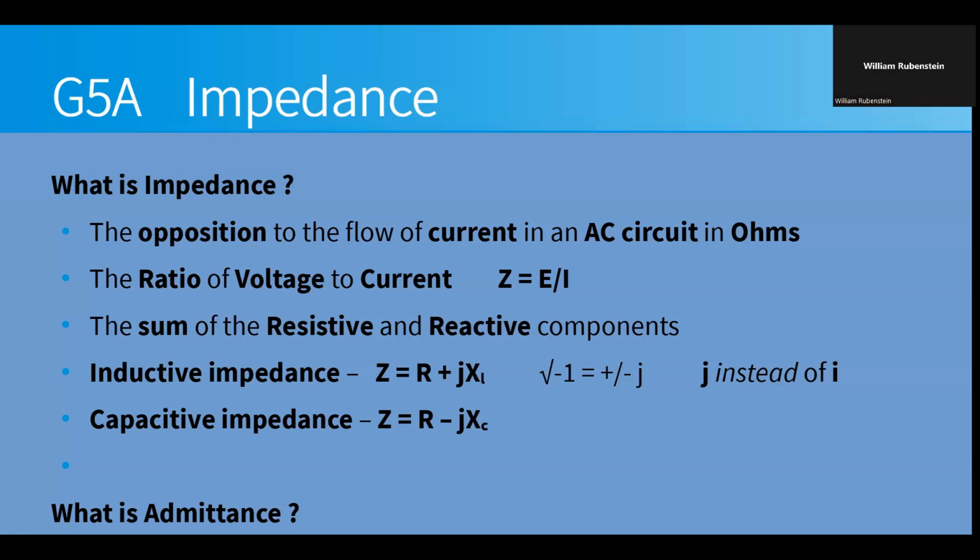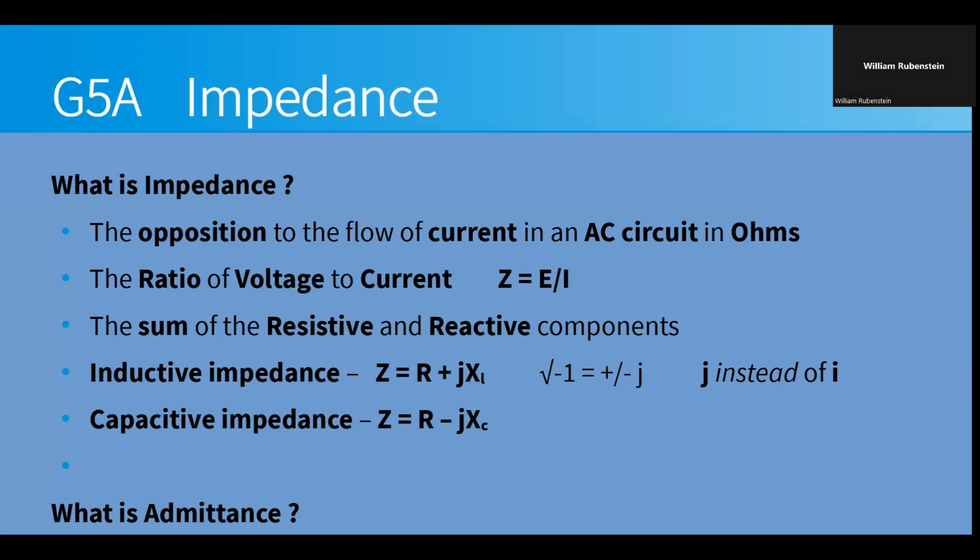So it's the sum of the resistive and reactive components, or R plus jX sub L, or R minus jX sub C. X sub L is the inductive reactance, X sub C is the capacitive reactance, and we throw in j. Is everybody familiar with j?